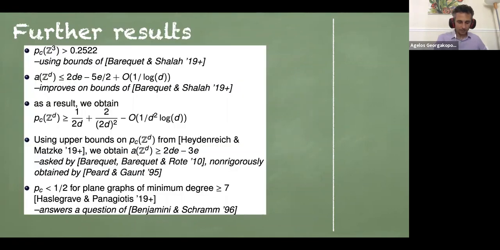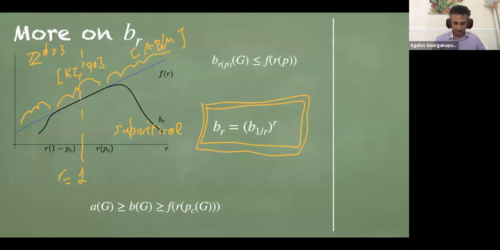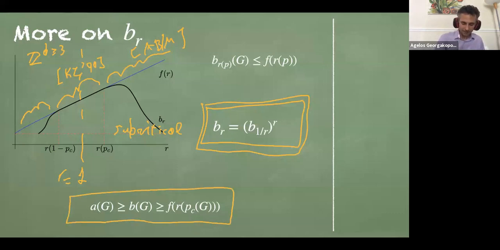So, okay, before I go to the next slide, remember Kesten's argument gave us an upper bound on alpha by using percolation as a tool. Likewise, we now obtain, a bit surprisingly, a lower bound on alpha if we know the value of PC of a graph.